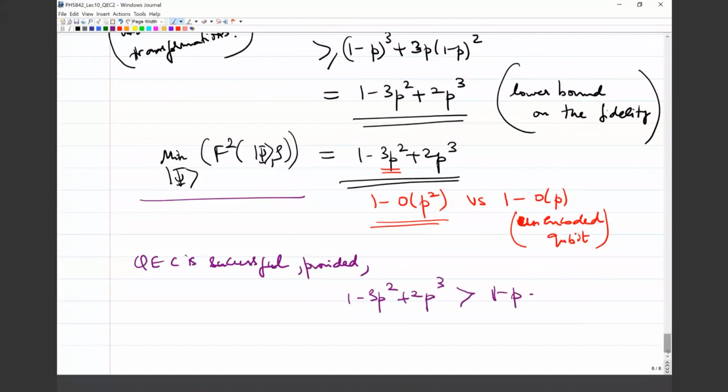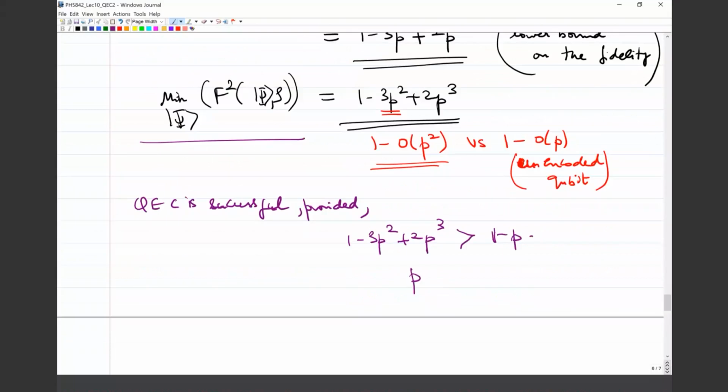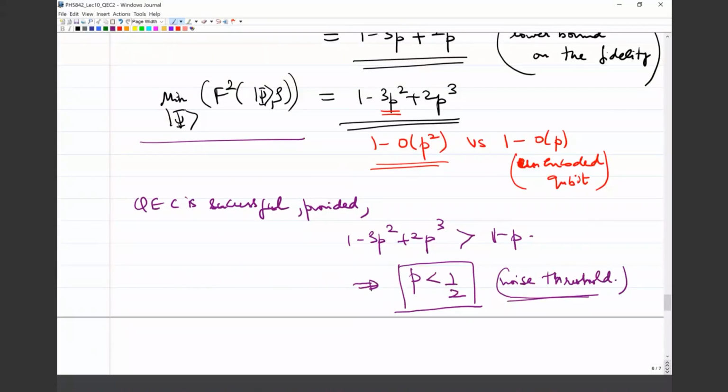The condition for that you will see again is nothing but p less than half, which is the same noise threshold that we had from the simplistic error analysis without going into states and fidelity and all of that. So it's the same noise threshold. The 3-qubit code is successful provided the single qubit bit flip probability is less than a half. Okay, let me stop here.